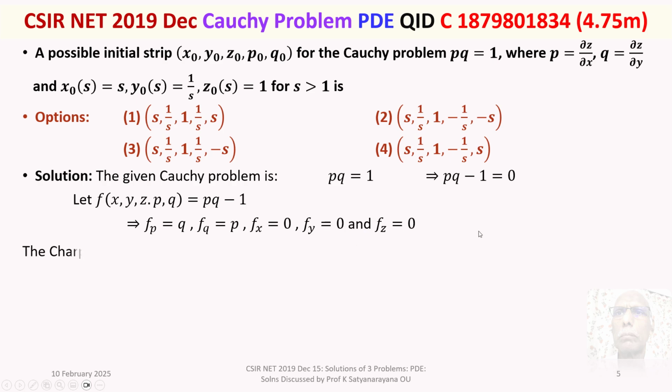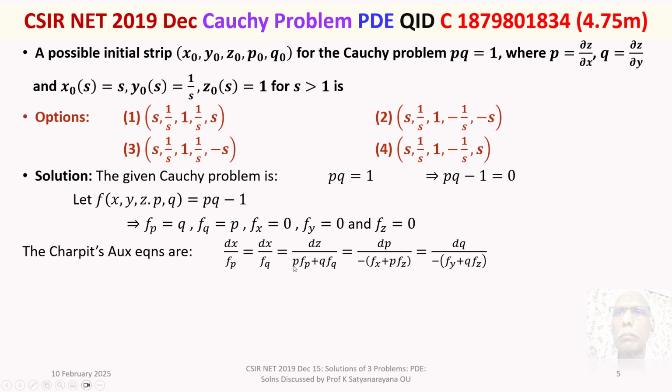The Charpit's auxiliary equations are dx/fp = dy/fq = dz/(pfp + qfq) = dp/-(fx + p fz) = dq/-(fy + q fz). Now fx is 0, fy is 0, fz is 0. From these, we get dp/0 = dq/0.